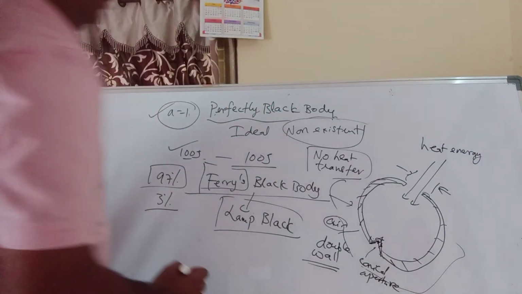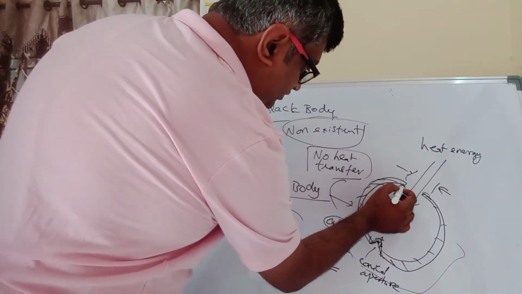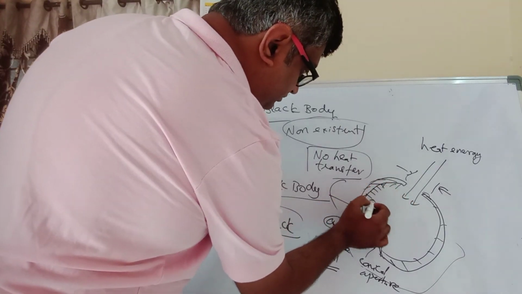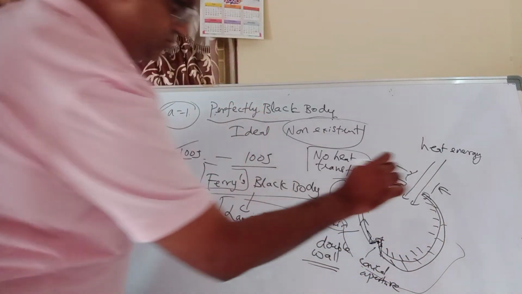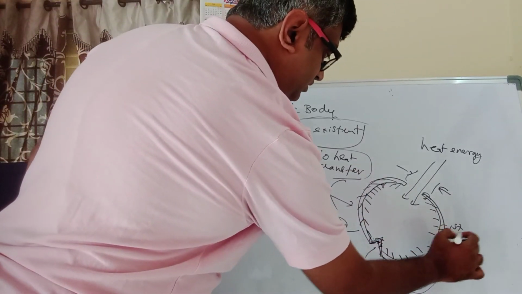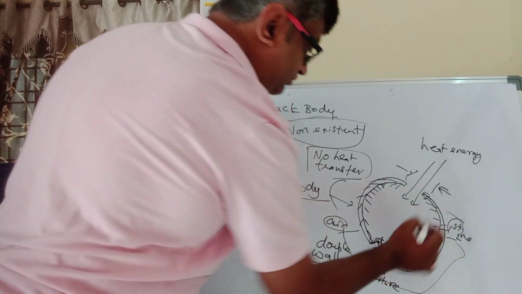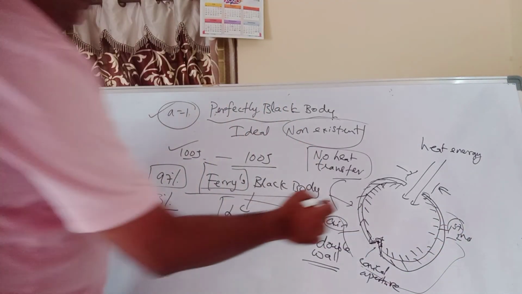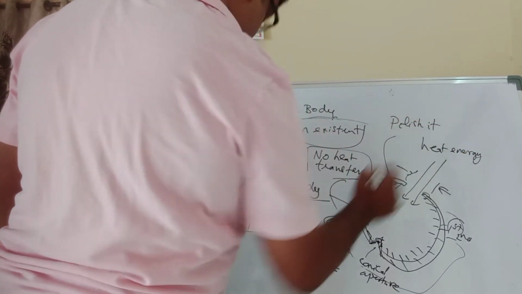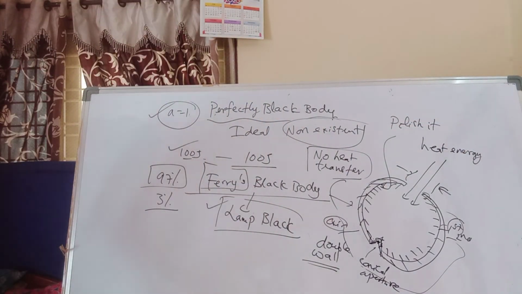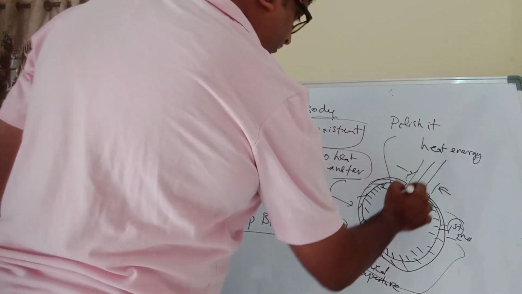And this inner portion of the first wall, this is my first wall, this is my second wall, the first wall's inner surface, they polish it with this substance, lamp black, and they send the heat waves inside.